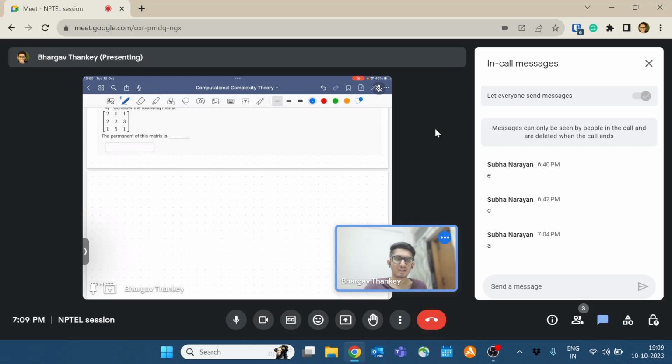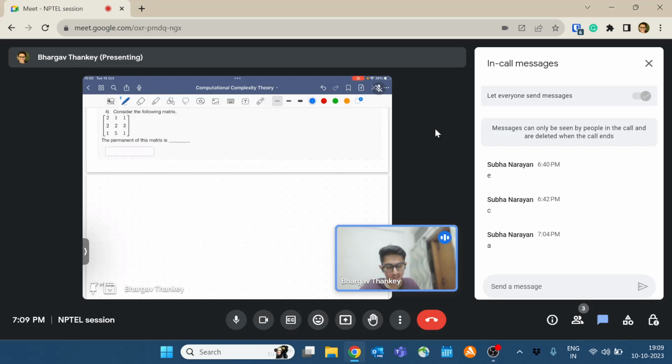If you recall, the difference between the determinant and the permanent was just a sign. Just like you can compute the determinant by hiding the first row and the first column, computing the determinant of the remaining matrix, then multiplying with it, minus hiding this, doing the same, and plus hiding this, doing the same.